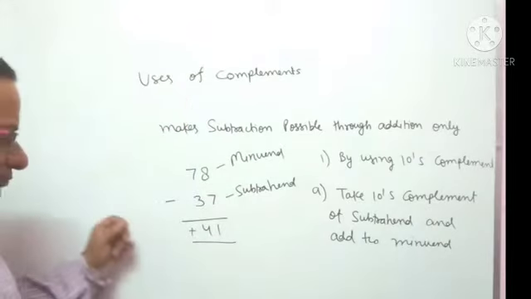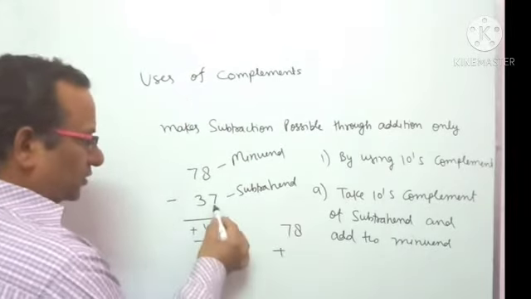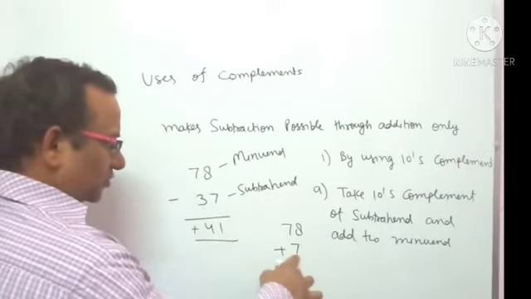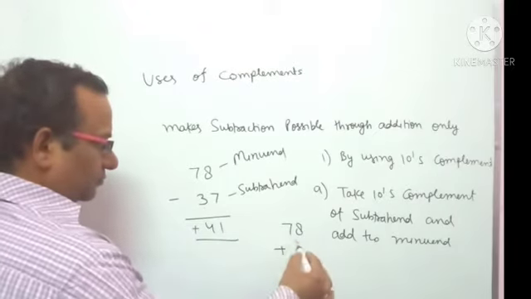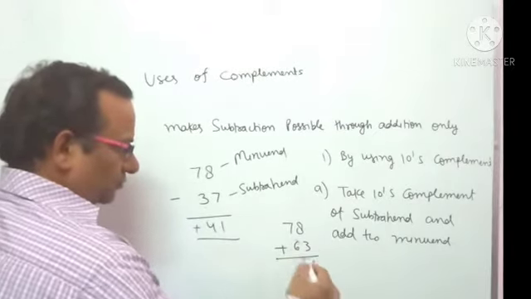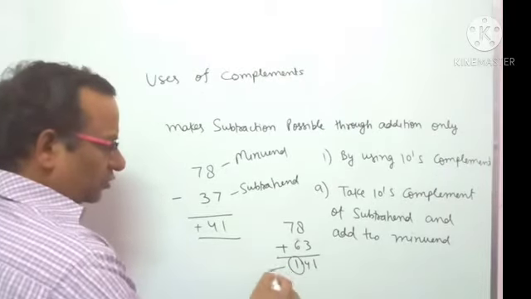For example, 78 plus its tens complement, 63, will be 141. The result is 141. If carry is generated, ignore this carry.